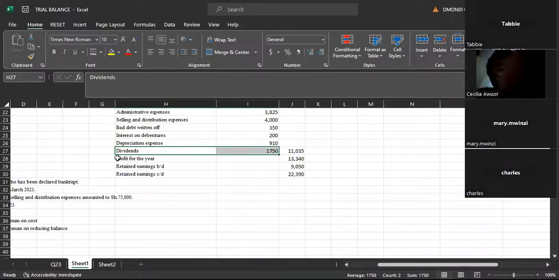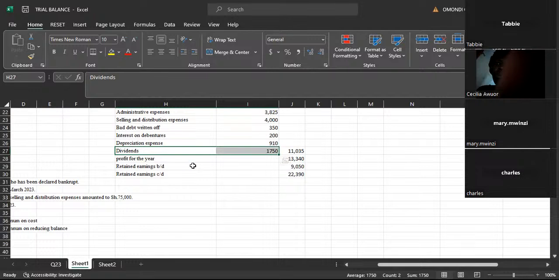But because we've placed our dividends there, before we get to the retained earnings carried down, we can reduce it by taking the transfer to general reserves. We can put the transfer to general reserves here.